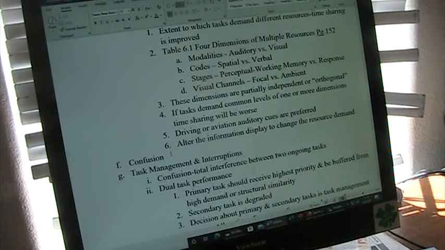Okay, well, confusion. Similarity between items in your working memory can just lead to confusion. That's obvious. So we want to eliminate that as much as possible.